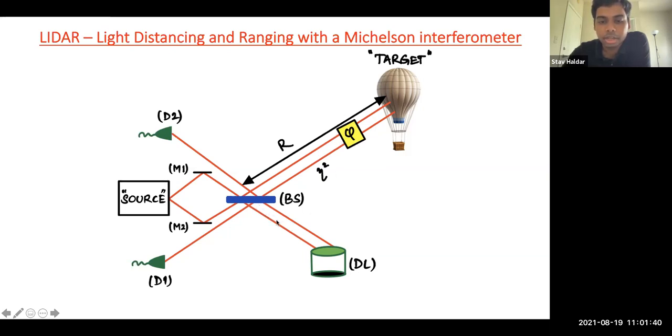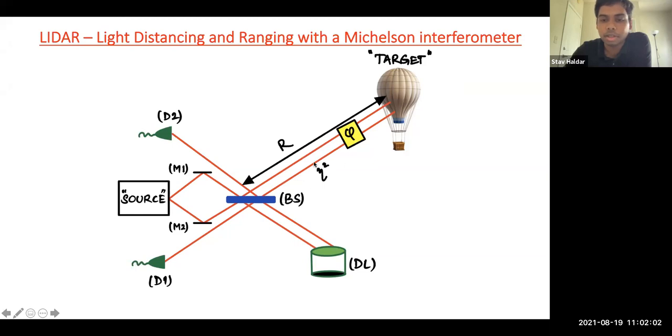The other arm is the reference arm, and it goes through a delay line, comes back, goes through the beam splitter again, and then you detect the number of photons using photon detectors at the end. So this is just a relabeling of the Michelson interferometer to use it as a LIDAR.